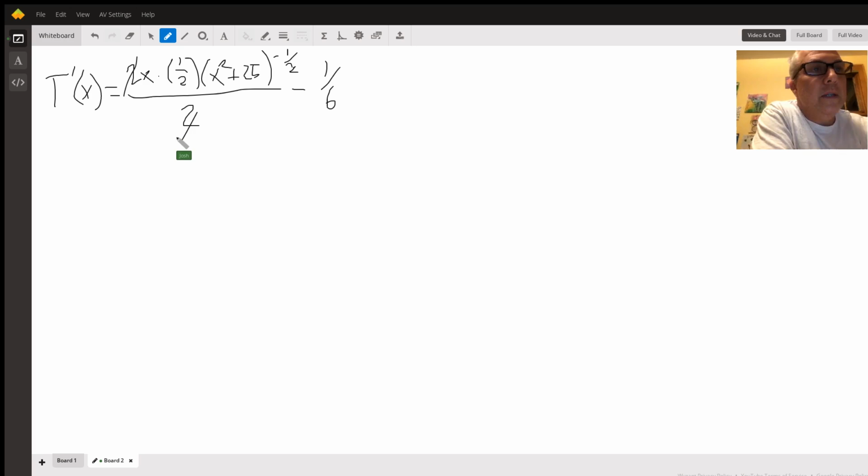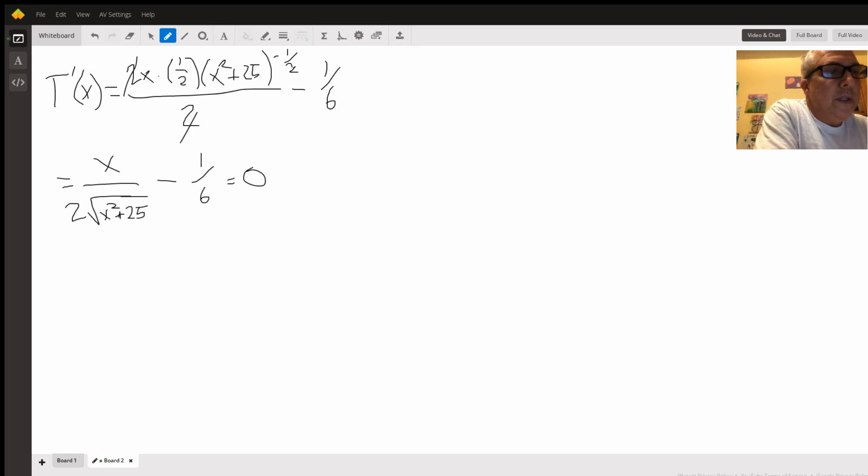We can do some canceling here. We're going to get this x squared plus 25 to the negative 1/2 is going to jump to the denominator. There's a 1/2 there. So we're left with x over 2 times the square root of x squared plus 25 minus 1/6 equals 0.